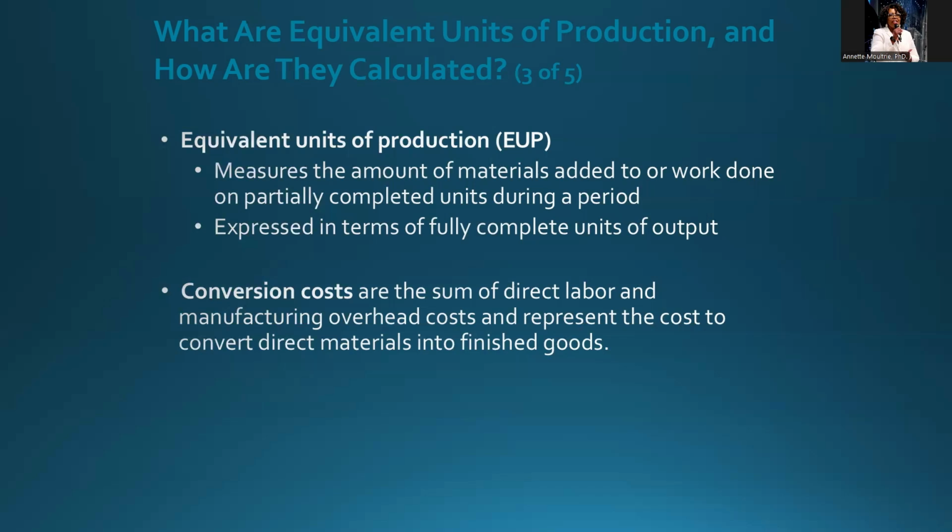It is expressed as the equivalent number of fully completed units. And then you have the other term, conversion costs. Conversion costs, which include direct labor and manufacturing overhead, represent the total expenses required to transform raw materials into finished products.